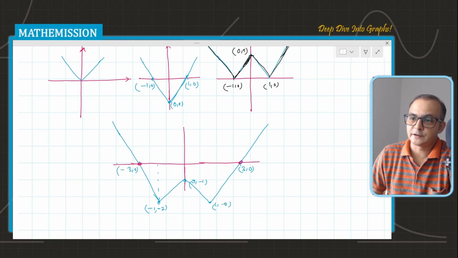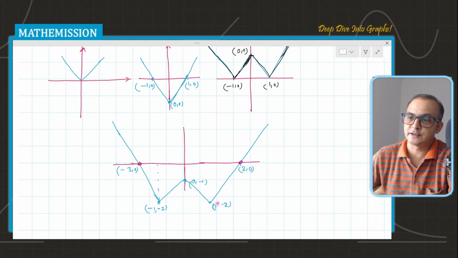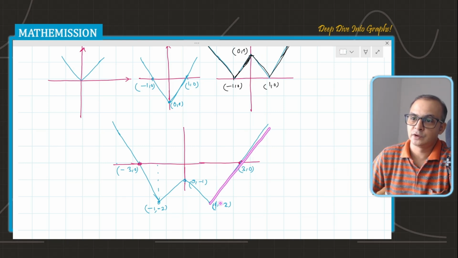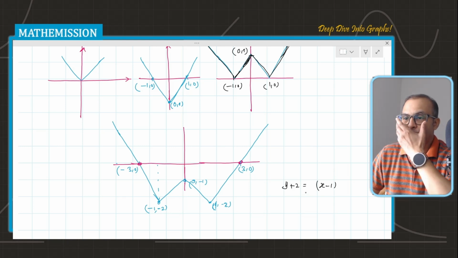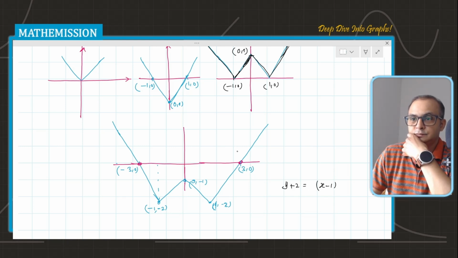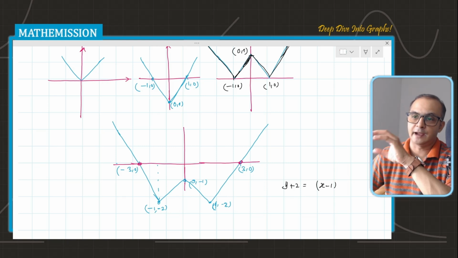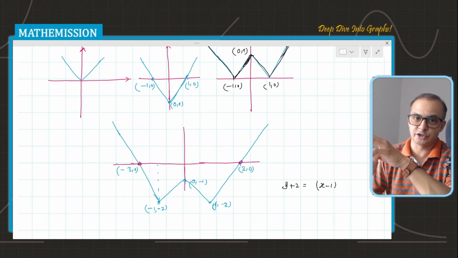You can also identify this whole thing by just looking at the graph, because this line you can see is passing through 1 comma -2. So if you draw a line passing through 1 comma -2, I can write the line as y plus 2 equals x minus 1. And the slope of the line is always 1, because we have not added or multiplied any coefficient to the x.